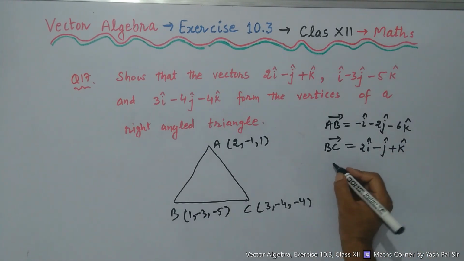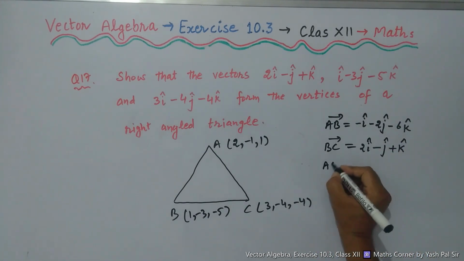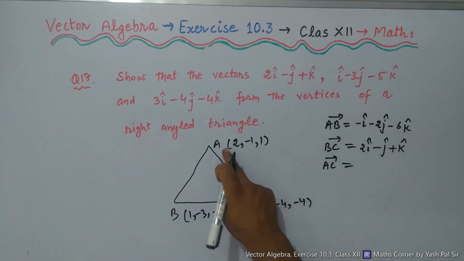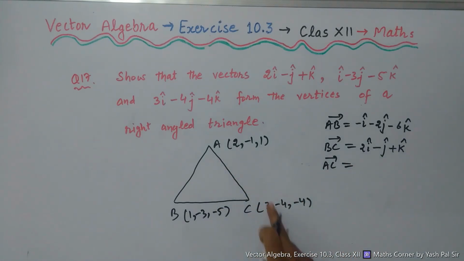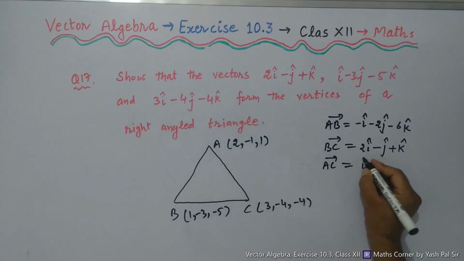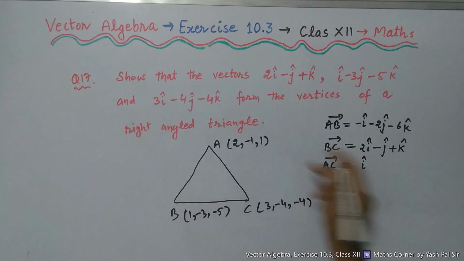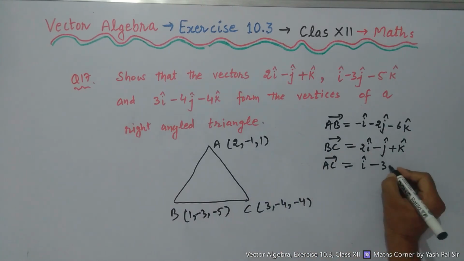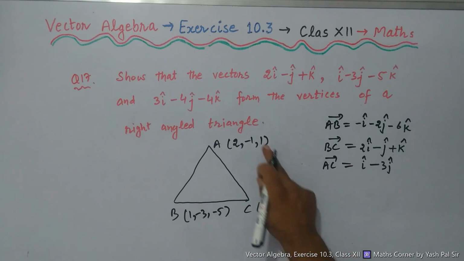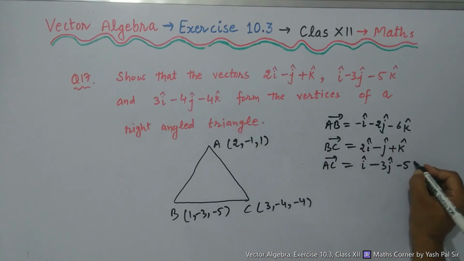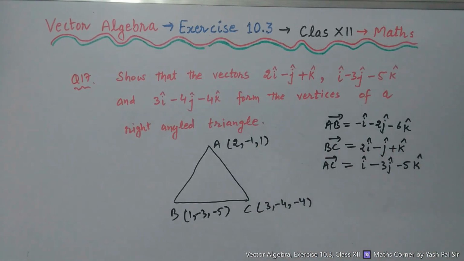Last one is AC or CA. AC we have (3 minus 2) i plus (minus 4 plus 1) j, minus 3j, plus (minus 4 minus 1) k, minus 5k. Right? Now we find the magnitudes.